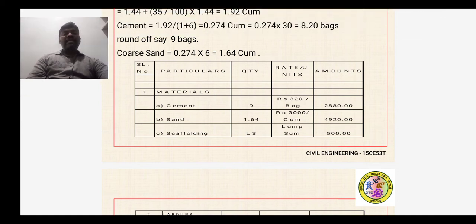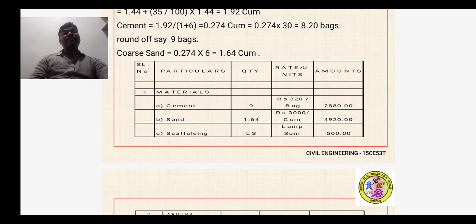In the tabular column: serial number, particulars, quantity, rate per unit, amount. First, materials: cement, sand, scaffolding. Cement is 9 bags, present rate is 320 per bag, 9 into 320, 2880.